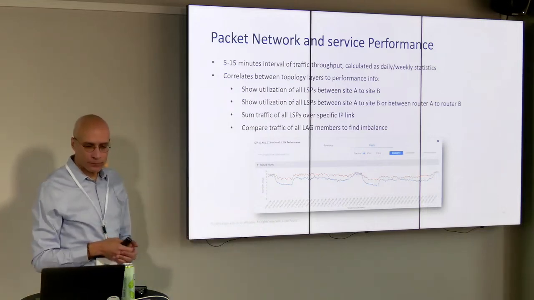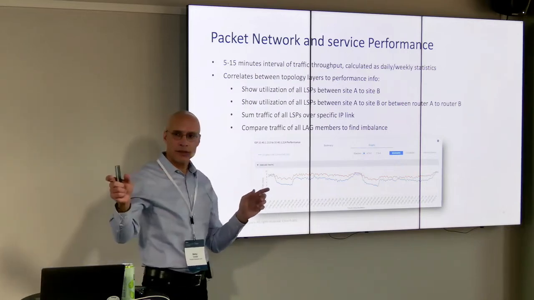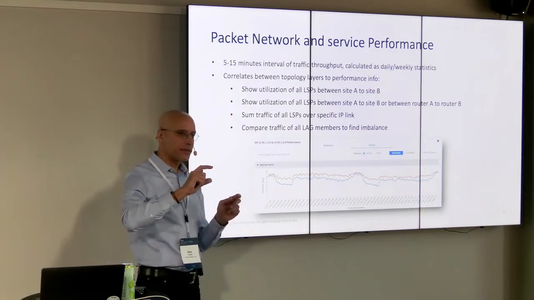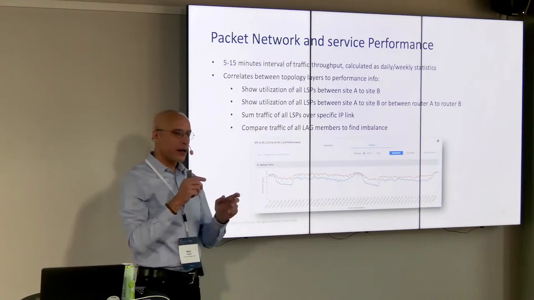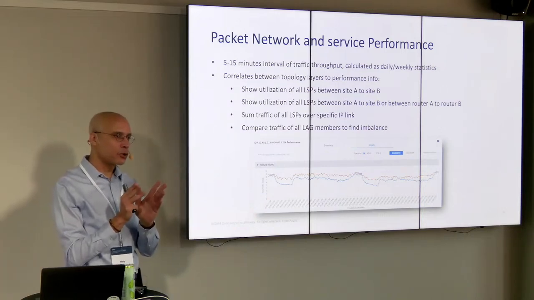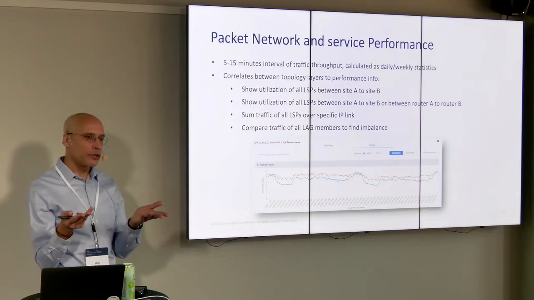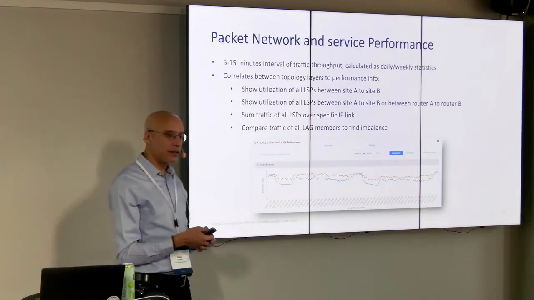Or when I look at a LAG, link aggregation between two sites, which normally has multiple links inside the link aggregation, are there any anomalies of traffic between the links in the link aggregation group? Which is something that points to a configuration issue or some degradation in the link performance.